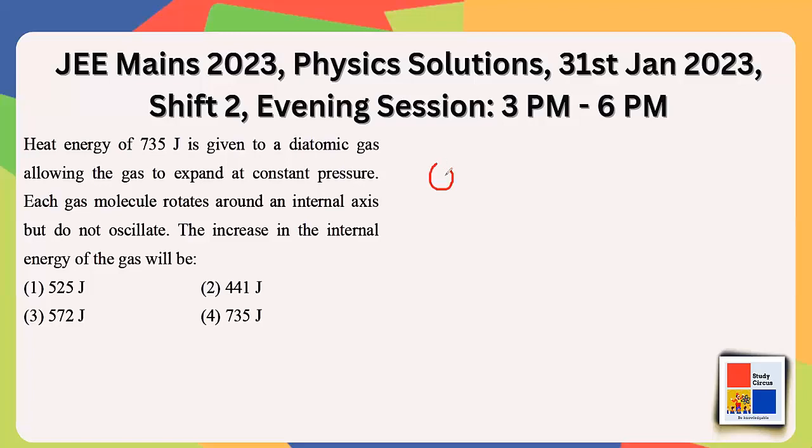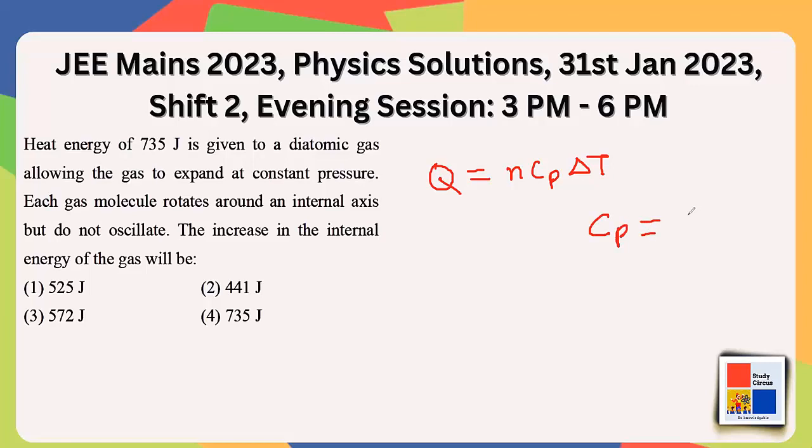So for constant pressure, Q is n CP delta T. If Q amount of heat is given, delta T is the rise in temperature, and CP is the specific heat capacity of the gas at constant pressure.